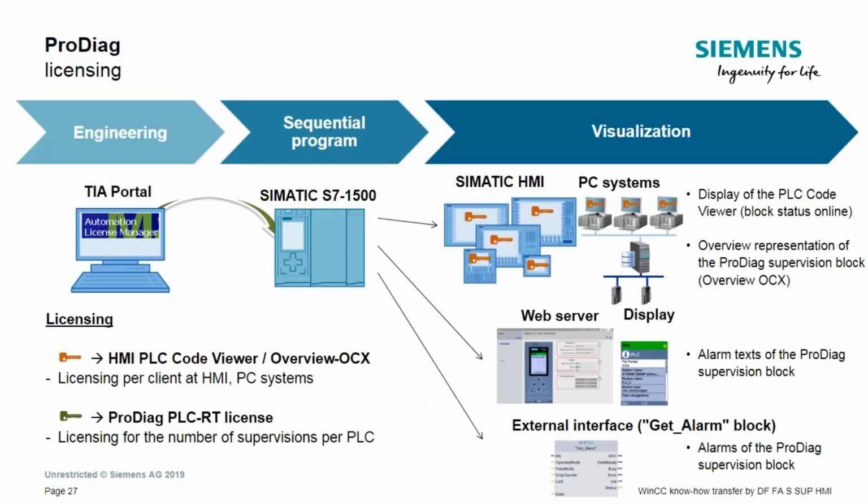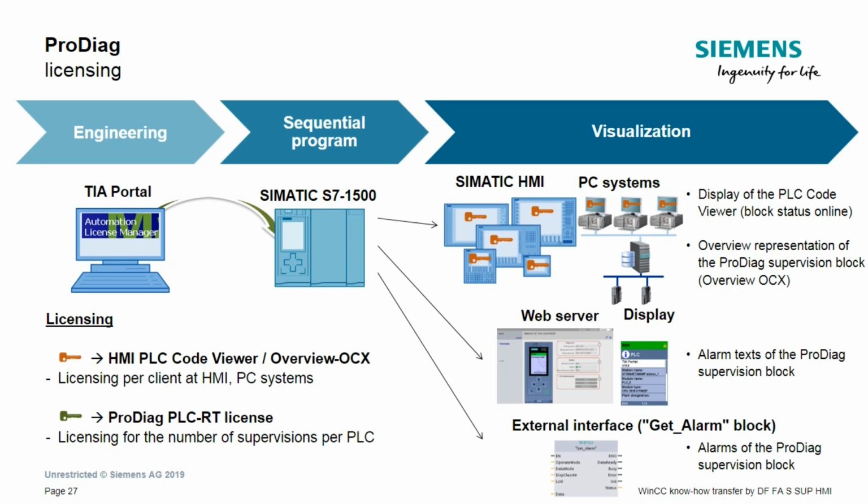Some slides regarding licensing. I'm just going to switch to this slide because that's more clear. You have licenses for the number of supervisions you generate on your PLC. So you have on this side your PLC licensing, and with every client which is accessing the supervisions, you have to have one license key. The difference between the keys is here.